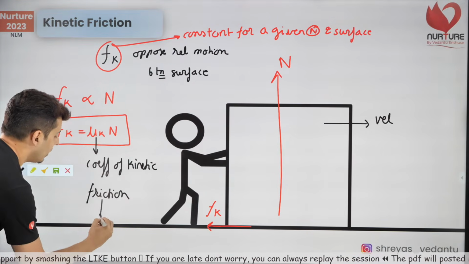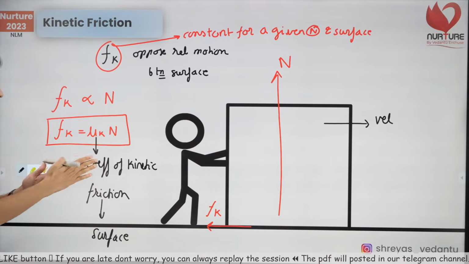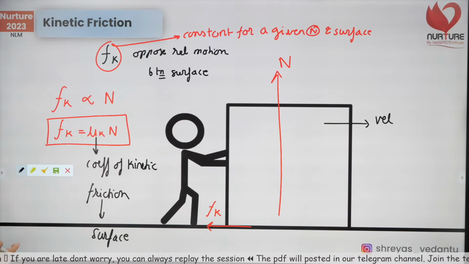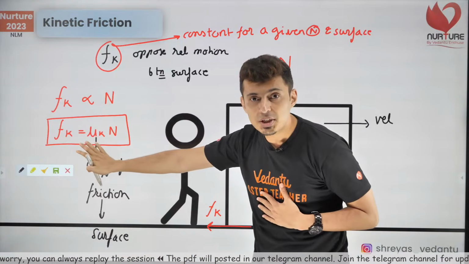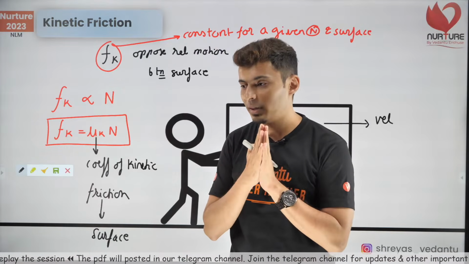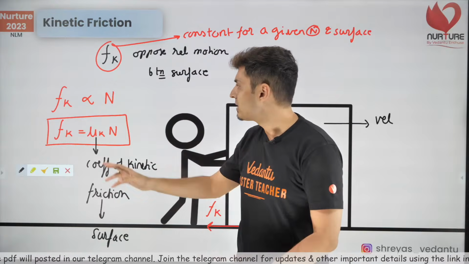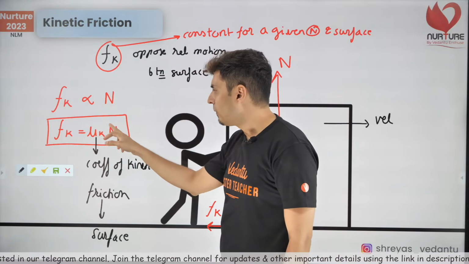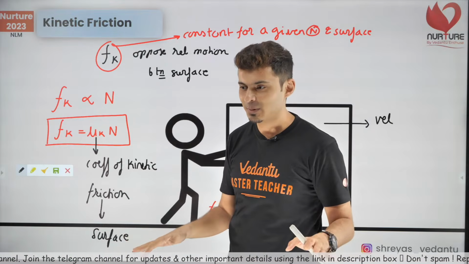Again, this will depend on the surface. What surface are you moving that object on? It will depend on that. Now tell me one thing. If mu, which is the coefficient of friction, is 0, what can you infer from it? That means no matter what the normal is, friction is 0, so it is frictionless.